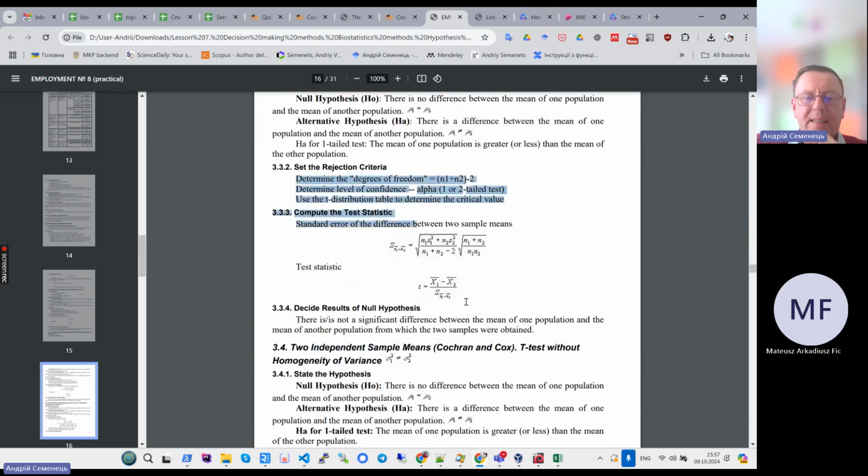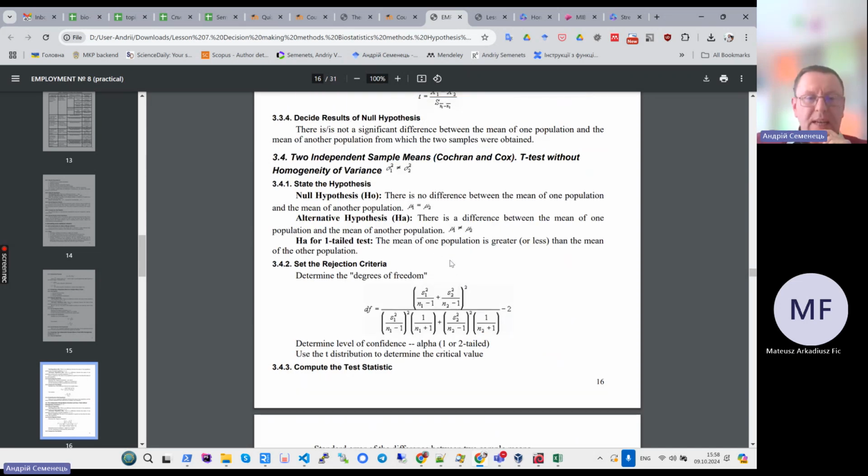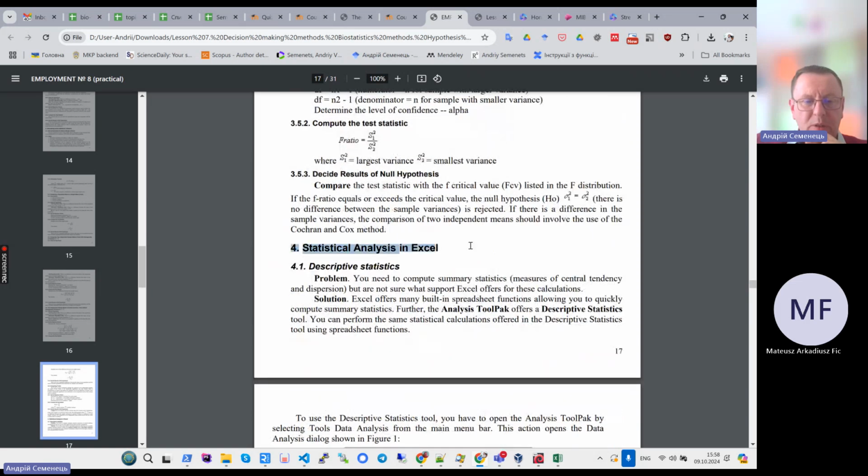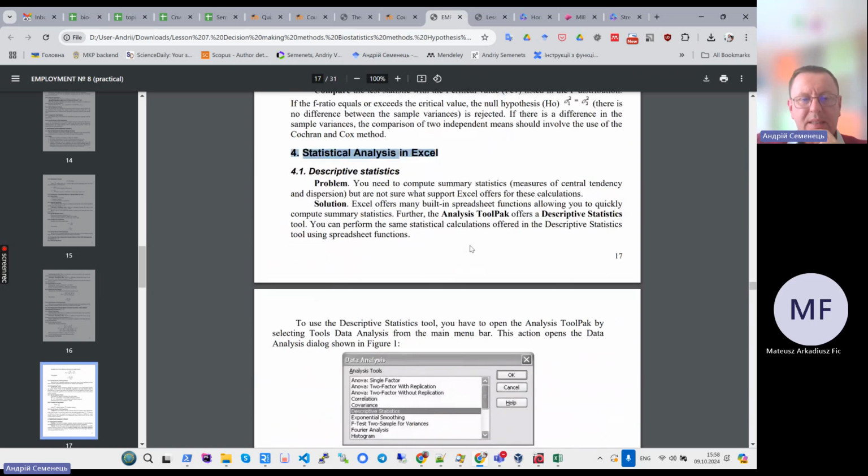So here is provided the minimal necessary statistical theory, not all of it. Of course, usually it will be necessary to know more, so you have to use almost any statistical textbook, because it has primary importance in this task. And in chapter 4, an example is given of how to make this calculation.